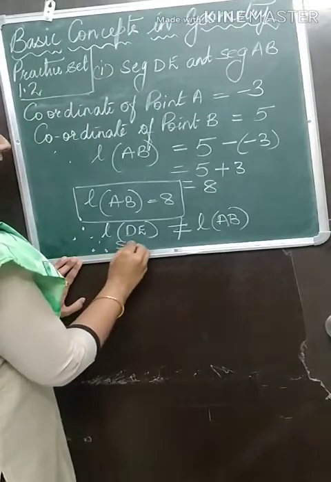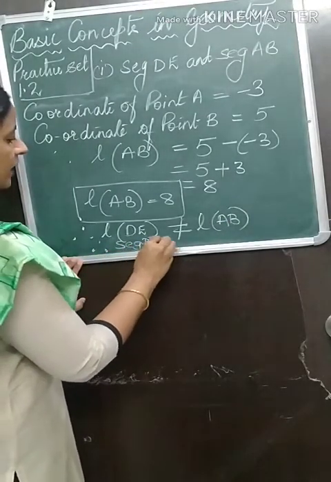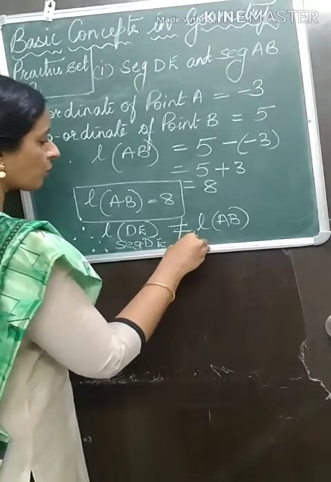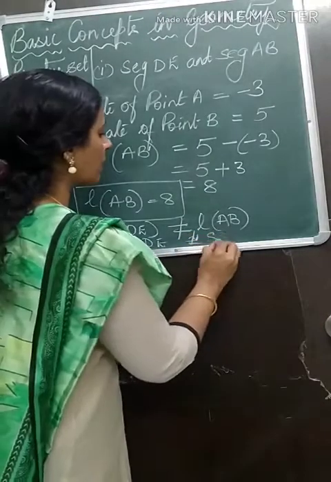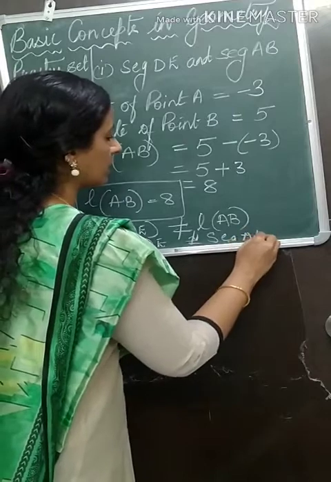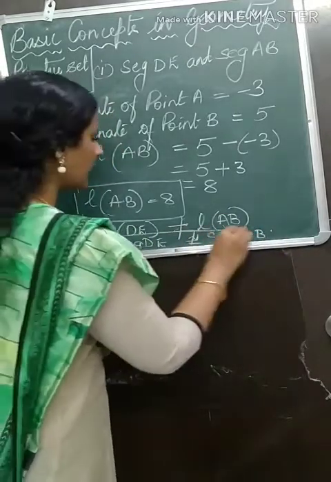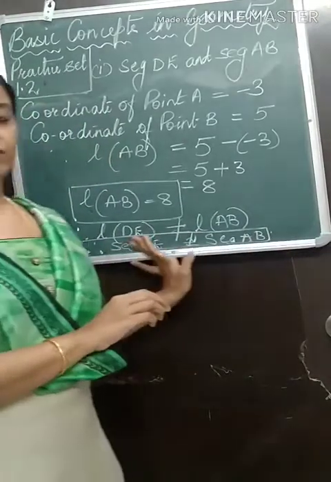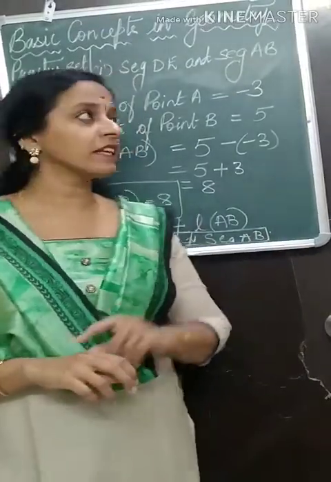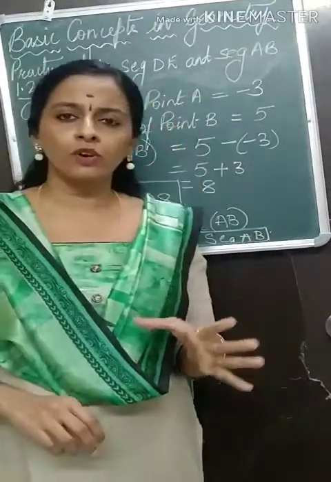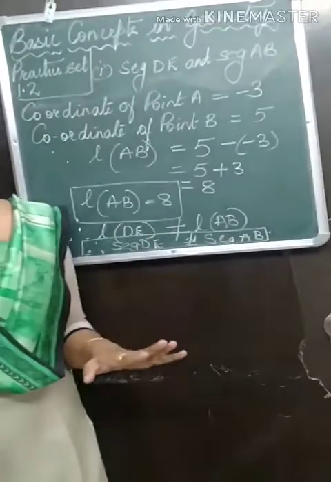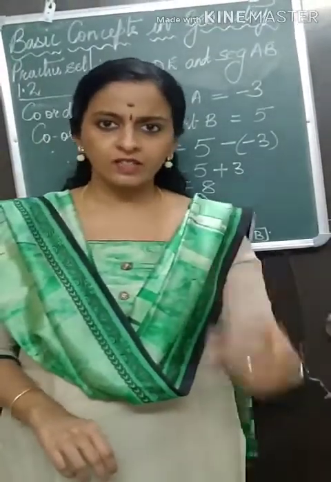Therefore, segment DE is not congruent to segment AB. You can write it in words also. Final sentence you will write, segment DE is not congruent to segment AB. Is it easy? Similarly, let us solve all the sums.